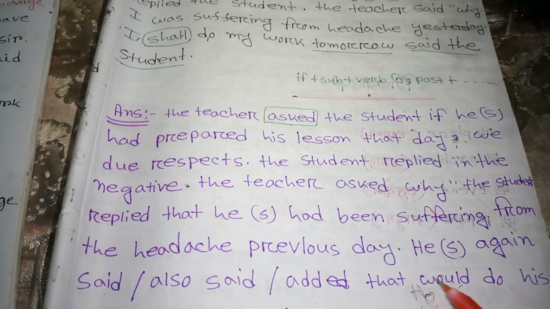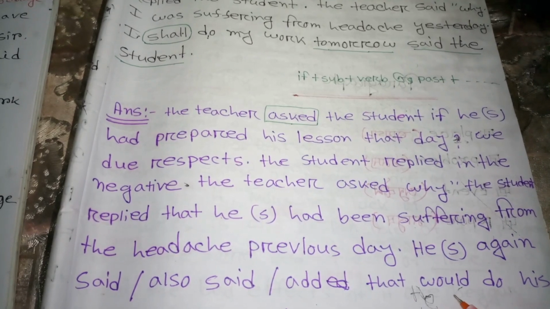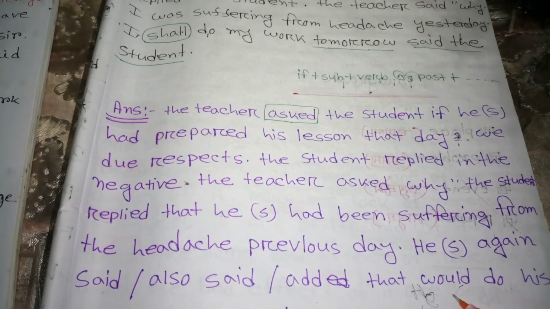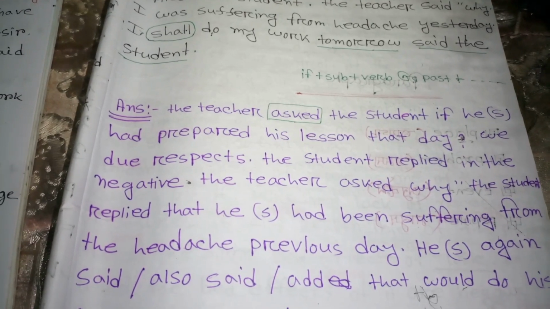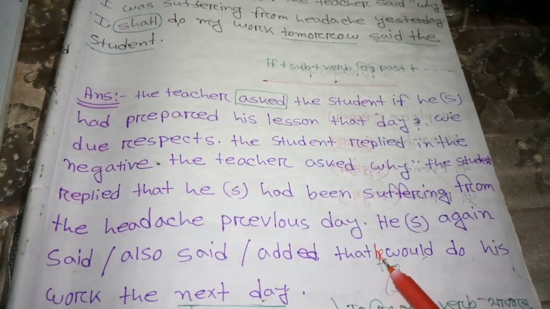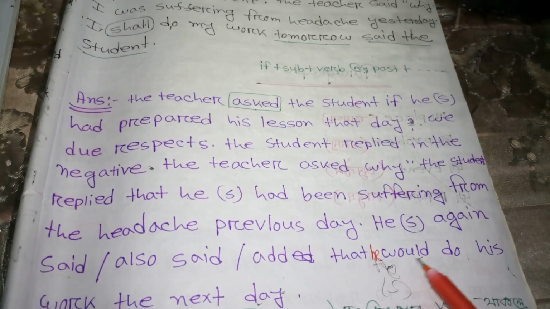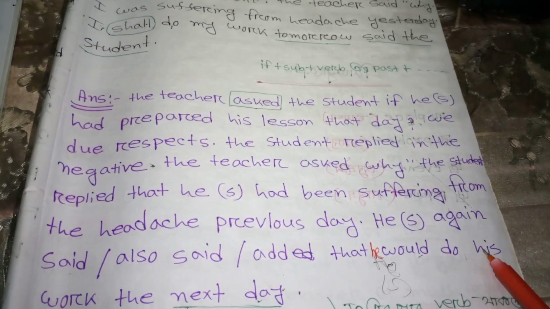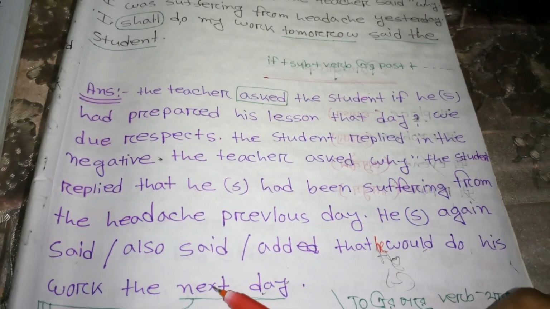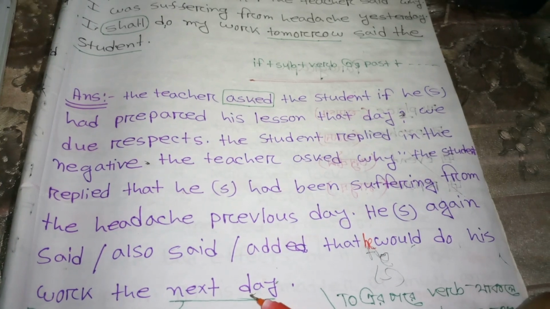So that he again added that I shall do my work tomorrow. So here "I" would be changed to "he," "shall" would be changed to "would," "my" would be changed to "his," and "tomorrow" is changed to "next day."